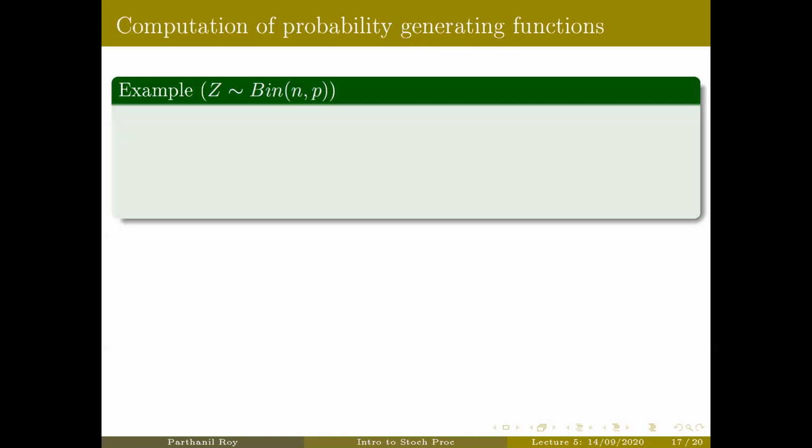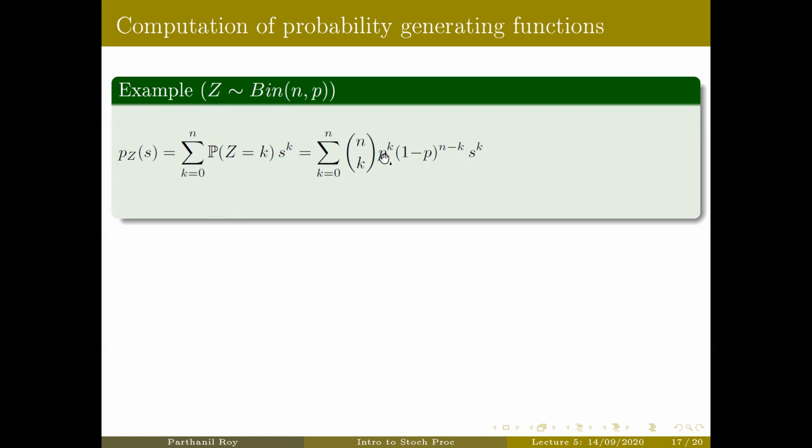For the binomial distribution, the probability generating function is this sum, the probability that Z equals k times s power k. We just have to put in this probability, which is n choose k, p power k, into 1 minus p power n minus k.